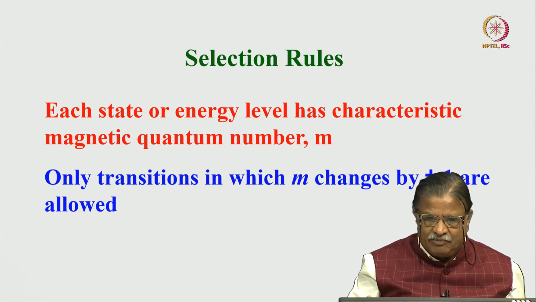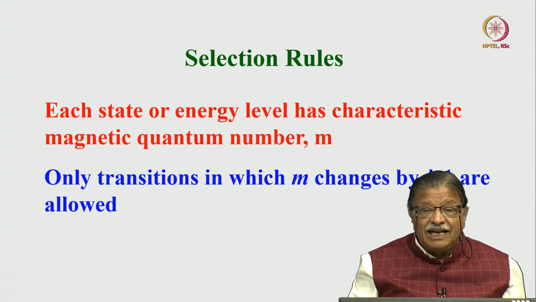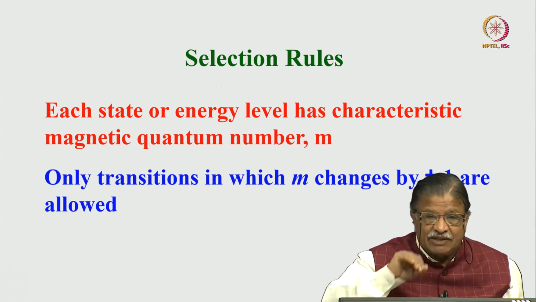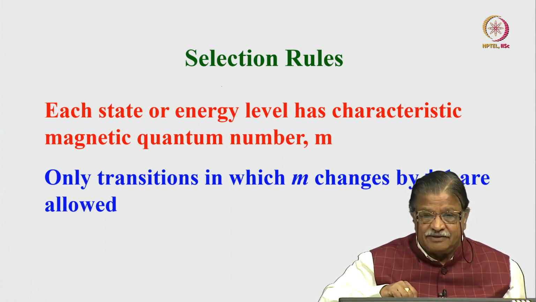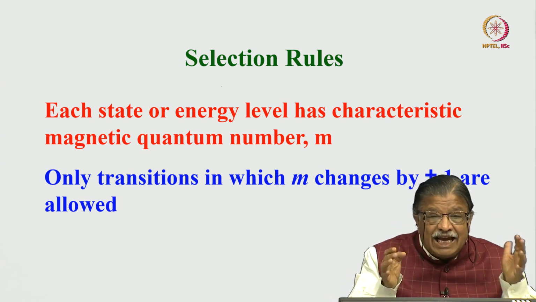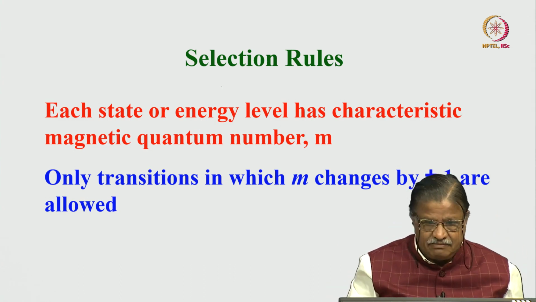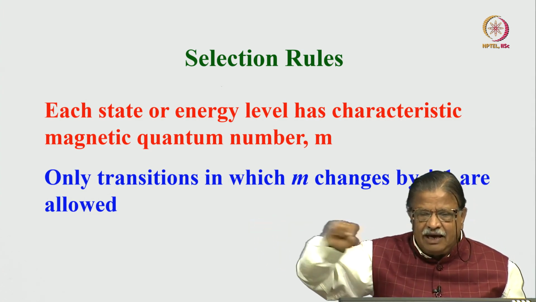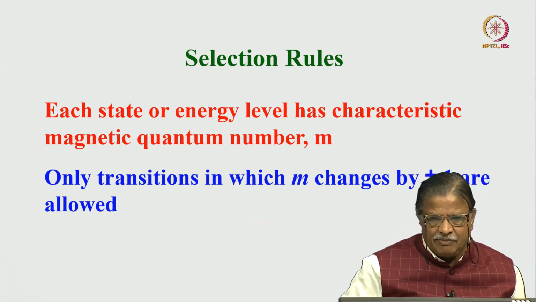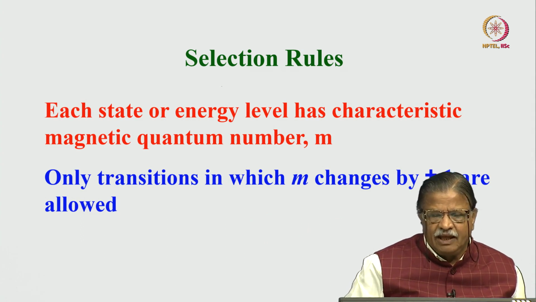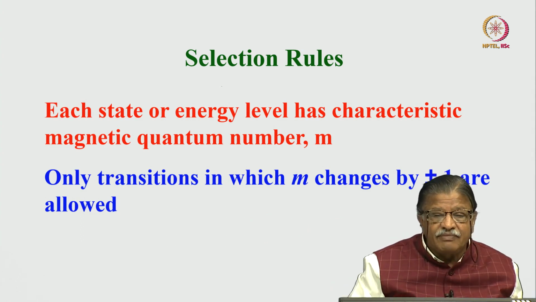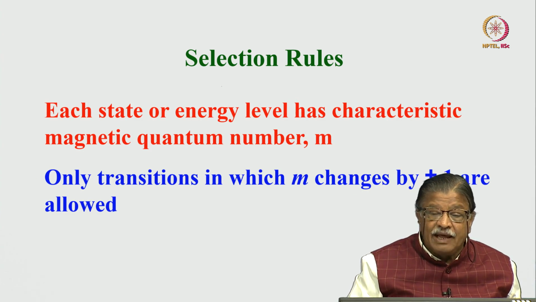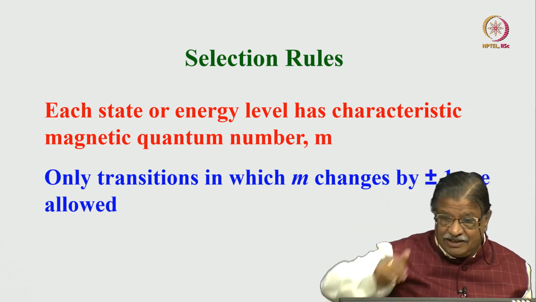By using the right hand thumb rule we can understand this. As soon as you bring it to the x axis or y axis, there is an instantaneous phase coherence. That means all the nuclear magnetic moment vectors are on the particular axis. Then with time they start dephasing, and while dephasing, simultaneously they start growing along the z axis.